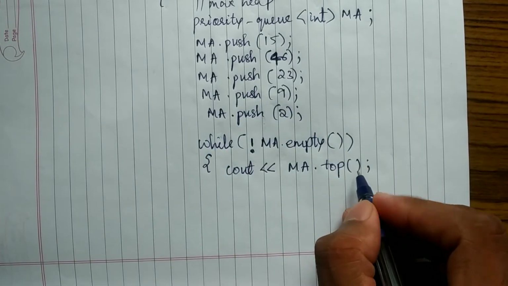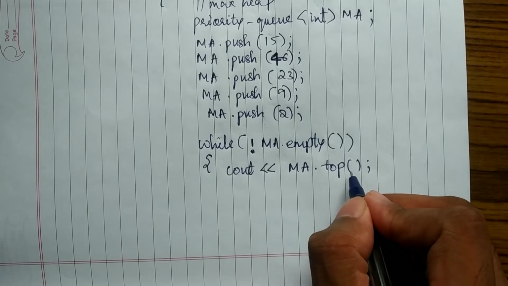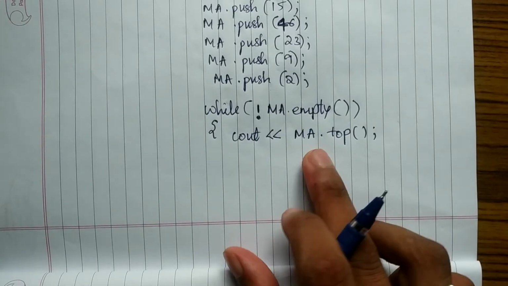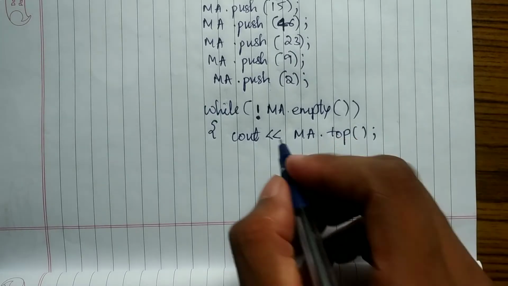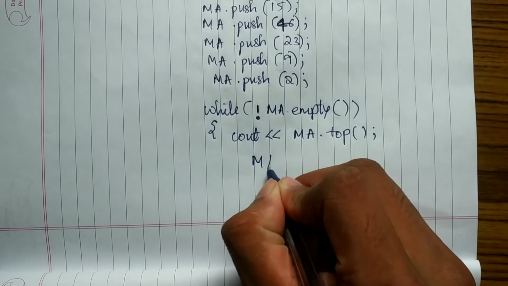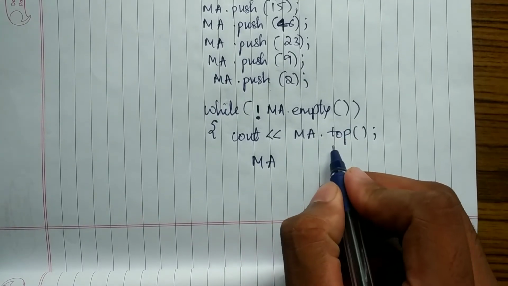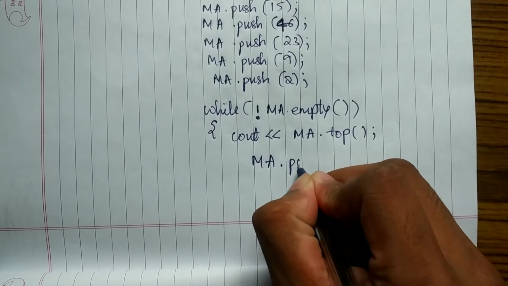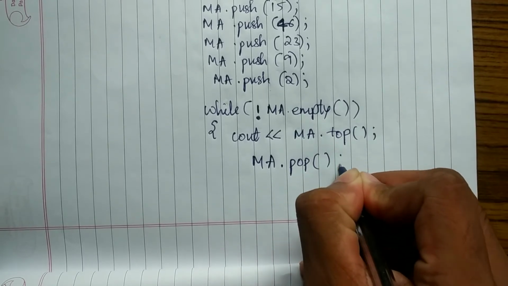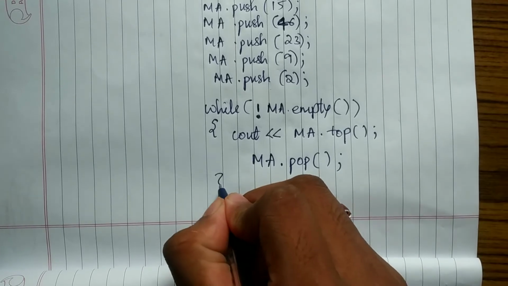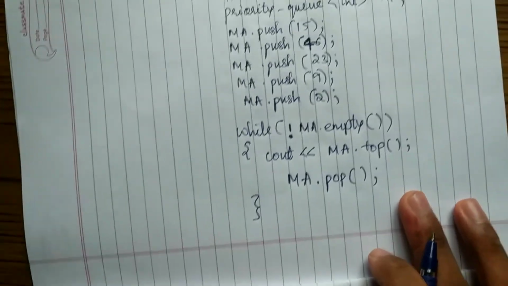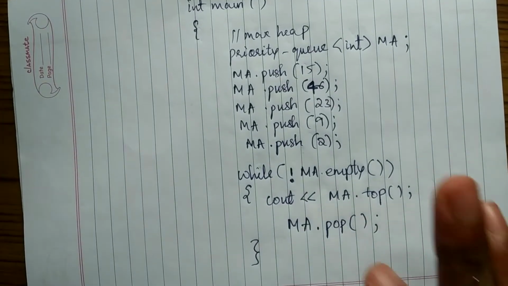Okay, the root element. So we are using ma.top. This will just show the top element. What should we use to pop or delete the element? We should use ma.pop. Let's end it.